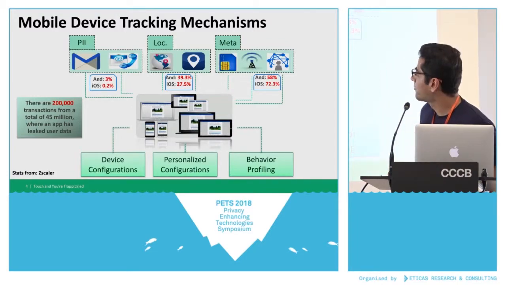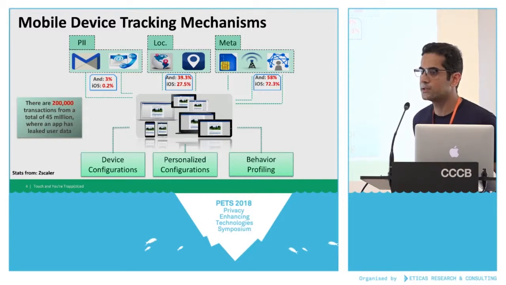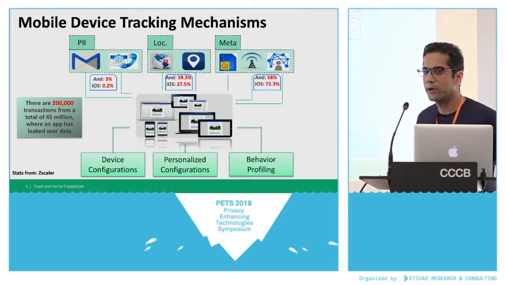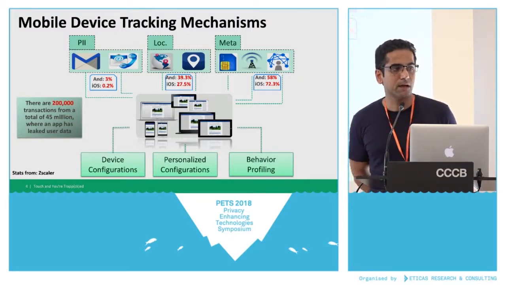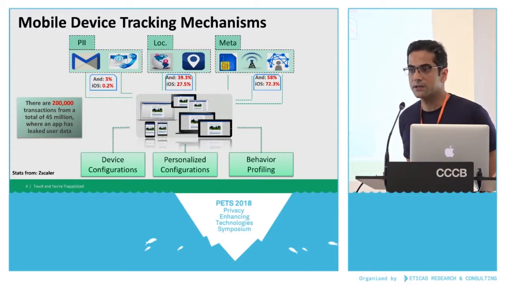This is from a study by Zscaler, an information security company. It shows that many iOS and Android apps leak personal information. By leakage here, I mean that when these apps send information to the server, it is sent in clear text.